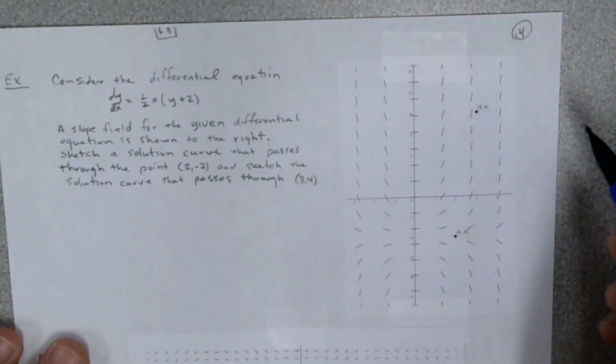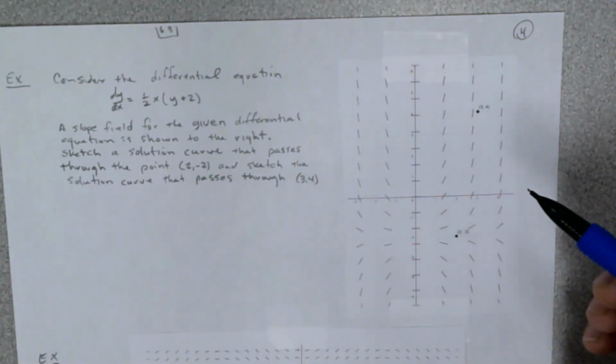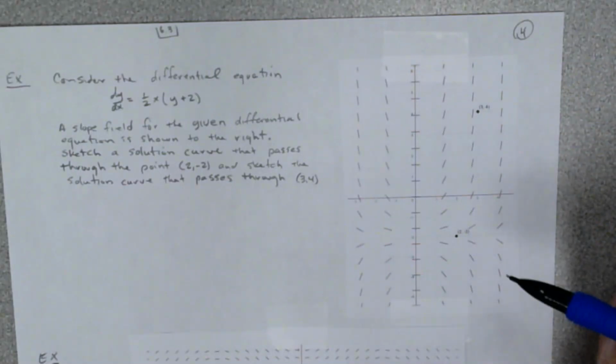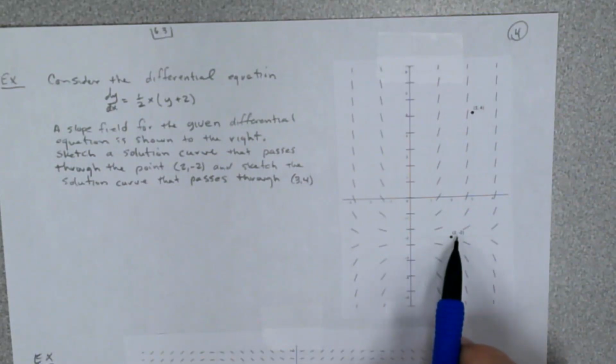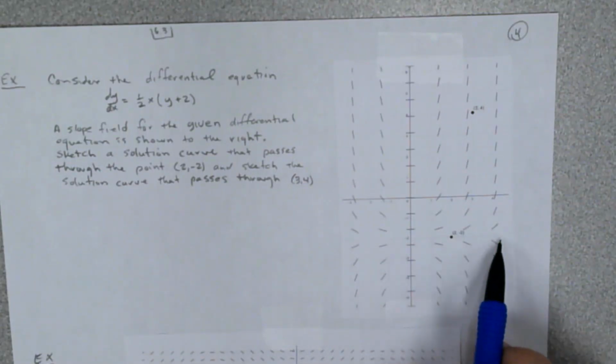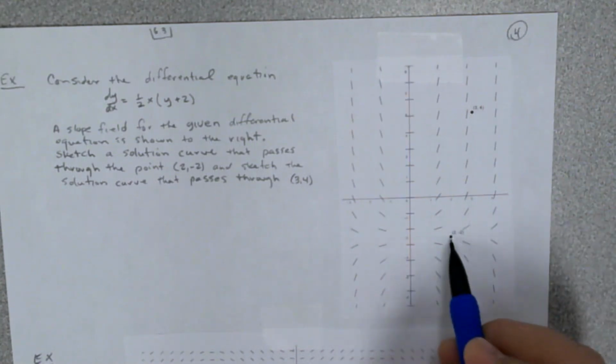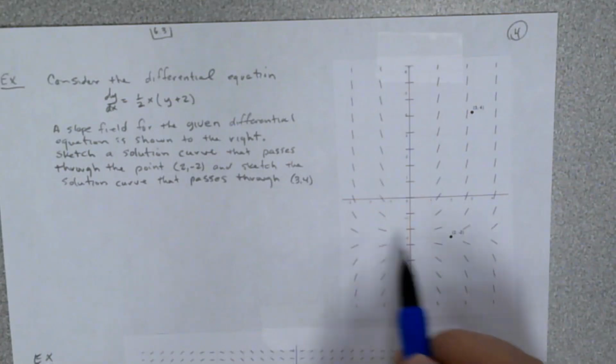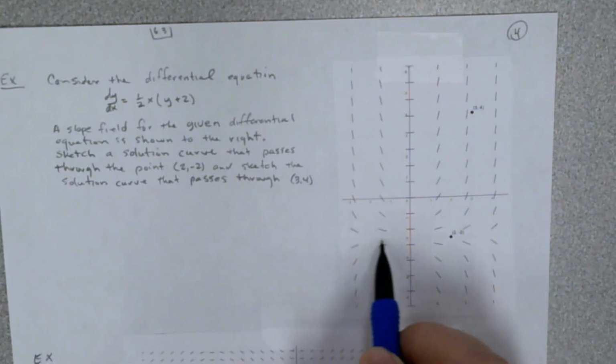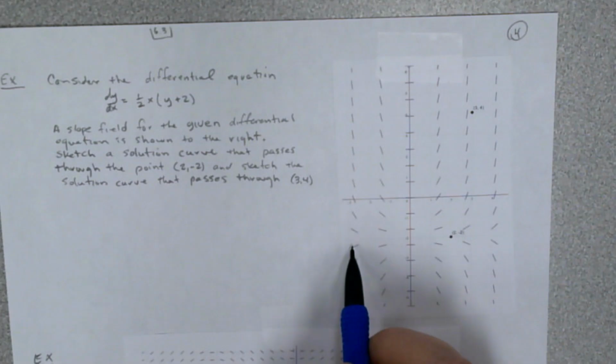Okay? Different locations can give different looks also. You can go through and kind of follow what's going on. So if I need to go through this point right here, look at where it's at. Look at all the slopes above and below it. See how these things are kind of forcing the dot to go this way, right? Or if I'm over here, it's forcing me to go that way. So what I have right here is actually a line.